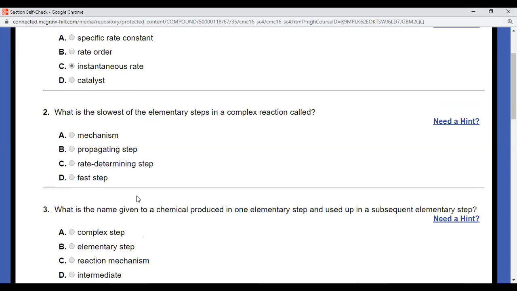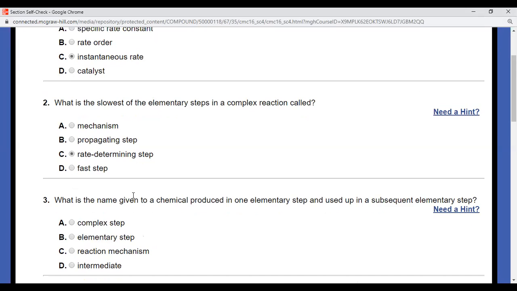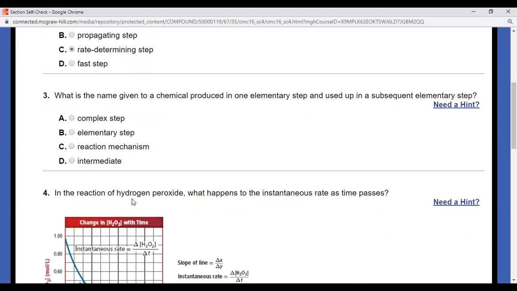Question number 2: what is the slowest of the elementary steps in a complex reaction called? The rate-determining step. Okay. Question number 3: what is the name given to a chemical produced in one elementary step and used up in a subsequent elementary step?